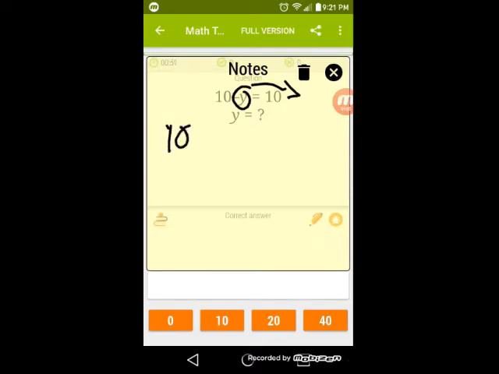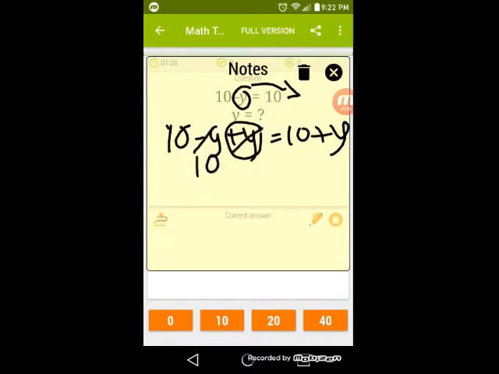So 10 minus y plus y, right? This is what we've been doing so far, equals 10 plus y, and this minus y and the plus y cancel out, so you're left with 10 is equal to 10 plus y.